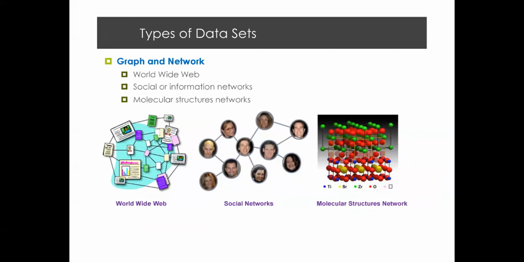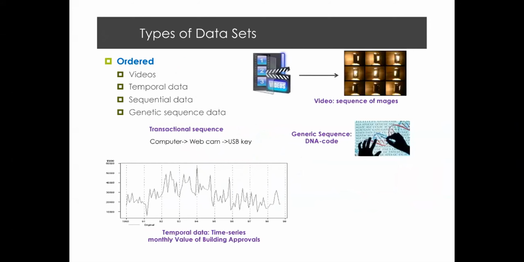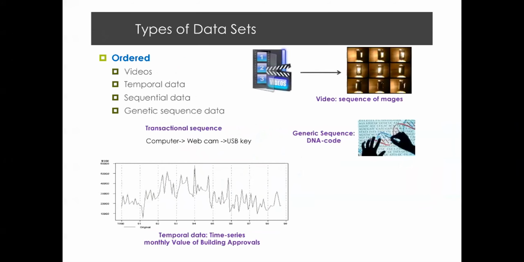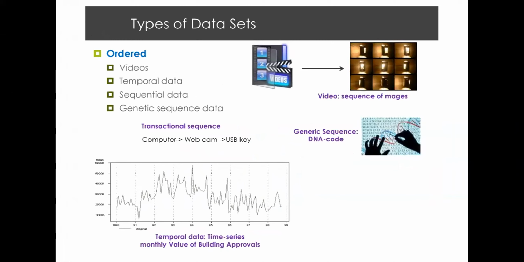The next one is ordered data. Here we represent ordered data, that is videos, temporal data, sequential data, and genetic sequence data.